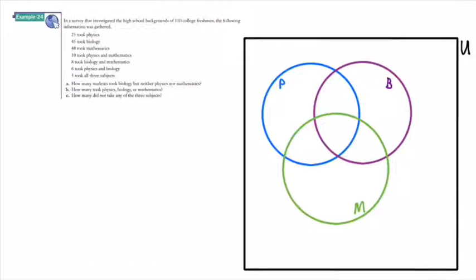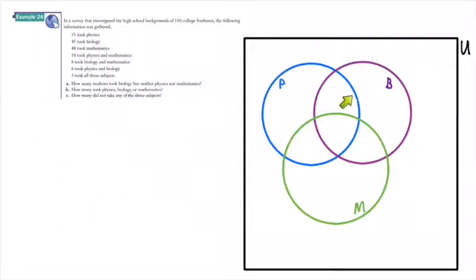Now there are a couple of things you need to know about filling in a Venn diagram. First, you need to know how to read this information that they're giving you here. When you read the numbers here, you need to think of this as they're telling you how many members are in each set. So when they say 25 took physics, they don't mean that 25 took just physics.